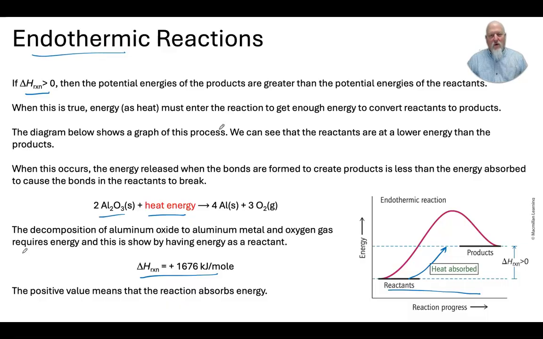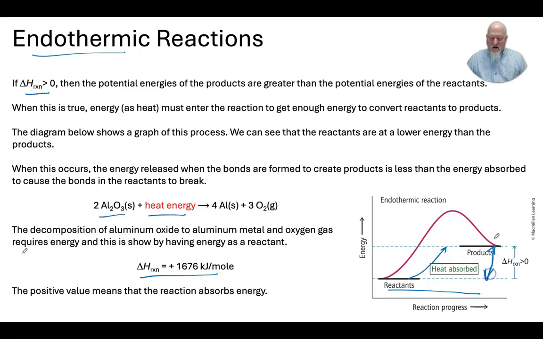1,676 kilojoules per mole. It means for every mole of aluminum oxide that reacts, that decomposes, we need 1,676 kilojoules of energy. And that's the difference between reactants and products.